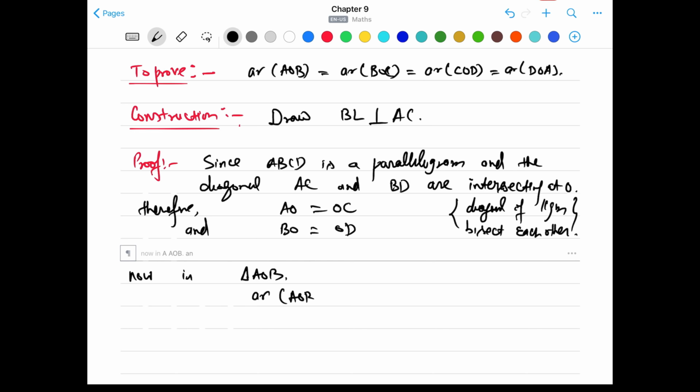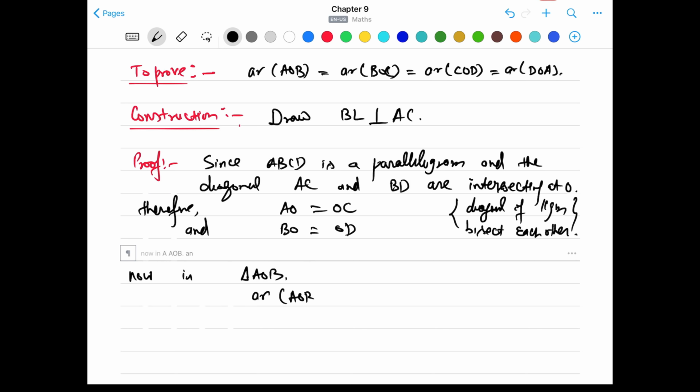The base for this one is AO and the altitude will be BL. As we know AO is equal to OC, so we can replace AO by OC. That is, in place of AO we write OC into BL, and then this becomes the area of the triangle AOC.